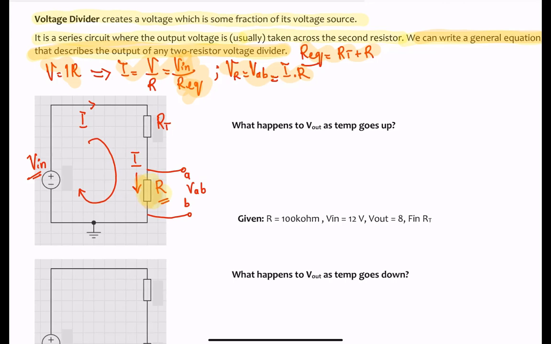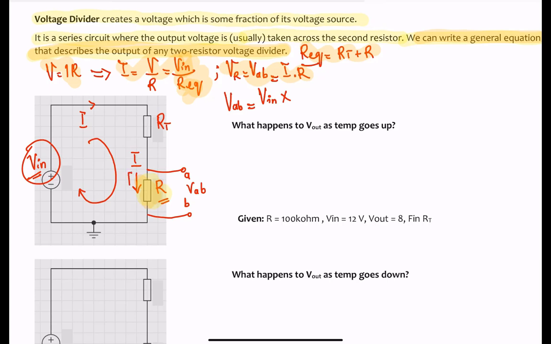VAB, which is the output voltage, equals the input power supply, Vin in this case, times the component or element across which you are trying to find a voltage.